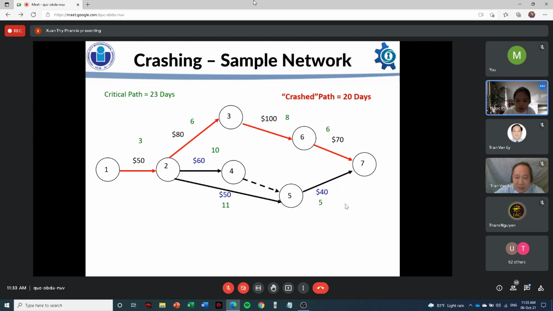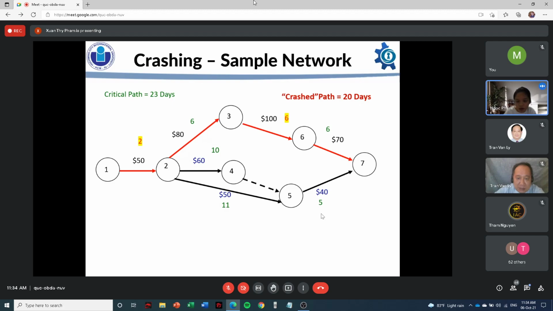Next slide. So we can easily see that activity 1, 2 has the smallest slope. So I reduce it by 2 days. And we can see that the critical path still remains the same, which is 1, 2, 3, 6, and 7. So I will crash it again with activity 3, 6.